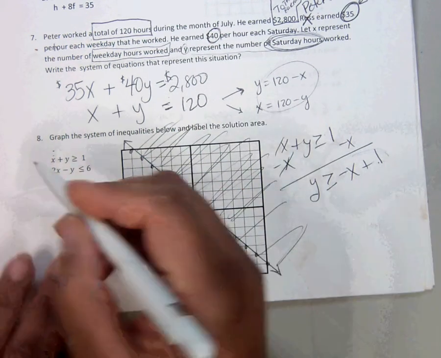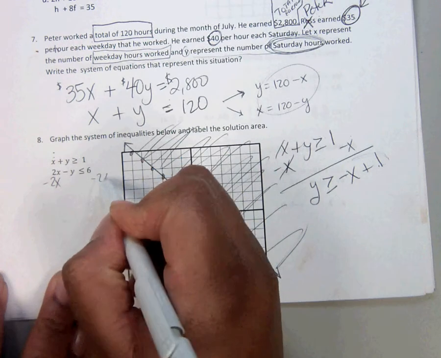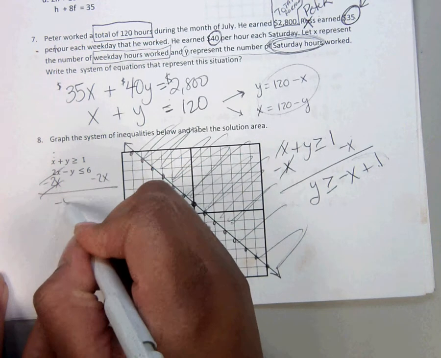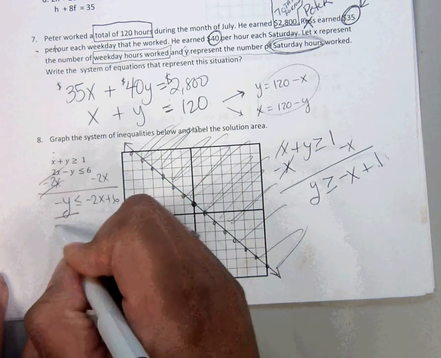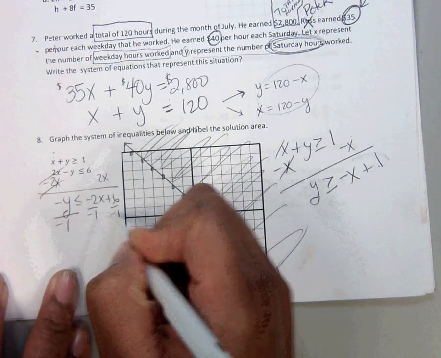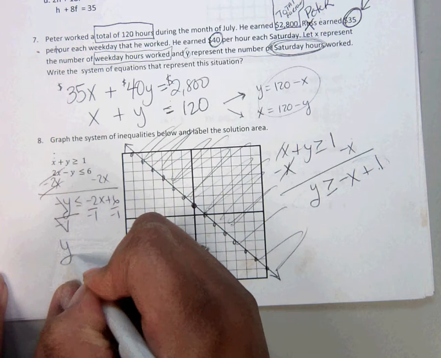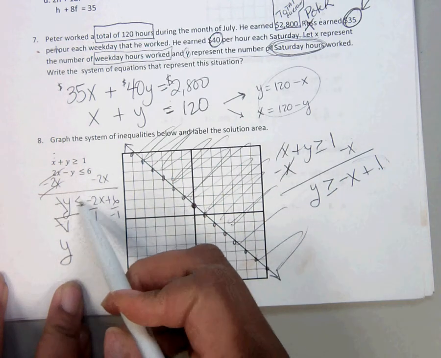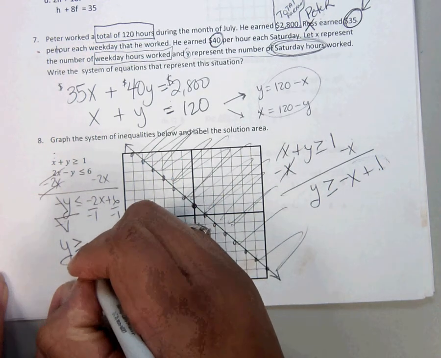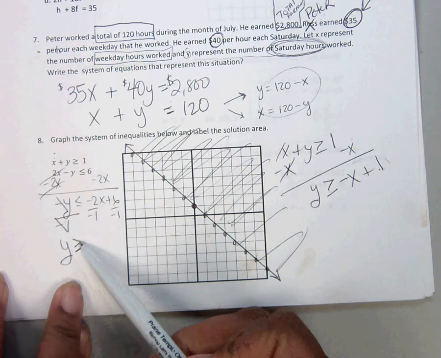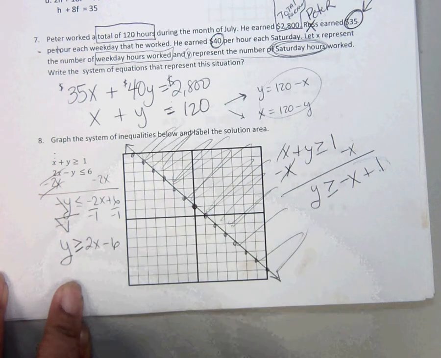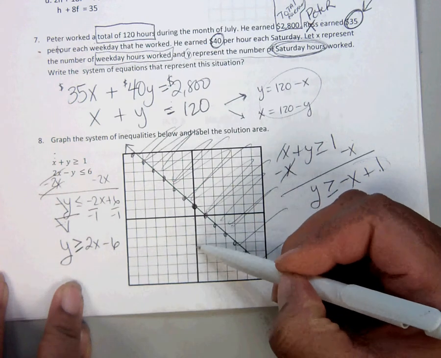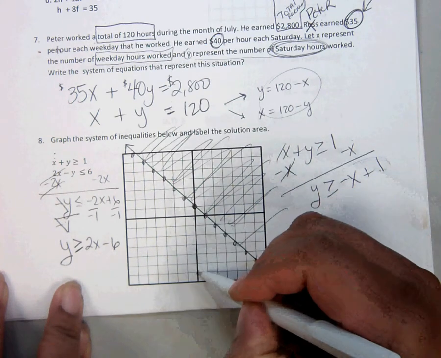Now we need to solve this next one for y. Be careful because there is a negative in front of it, and you have to divide by negative 1. That cancels. When you divide by the negative, this less than sign changes direction, and that becomes 2x minus 6. 1, 2, 3, 4, 5, 6 negative.